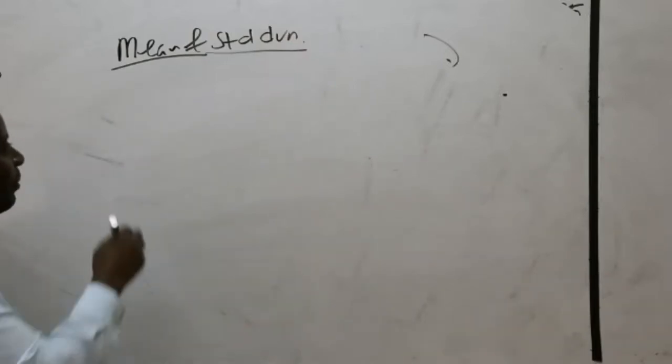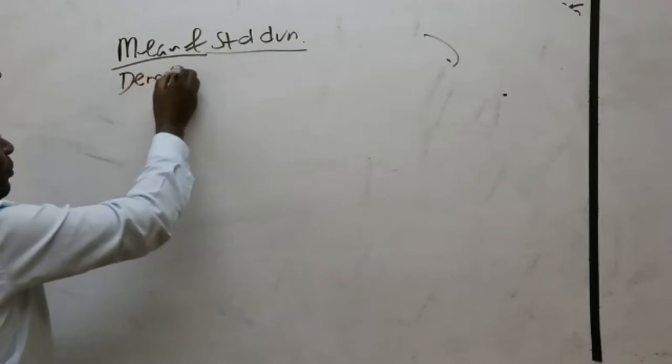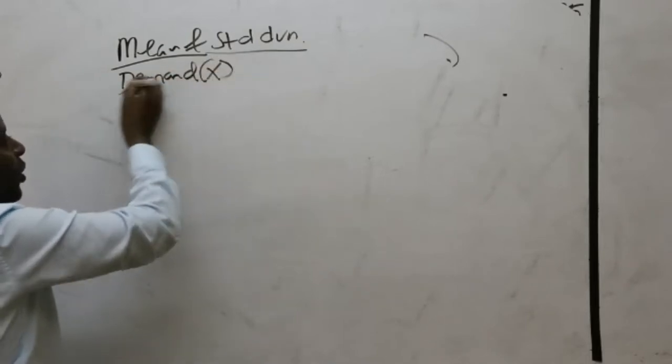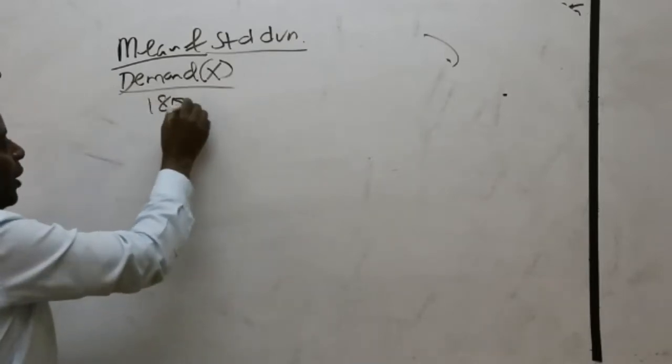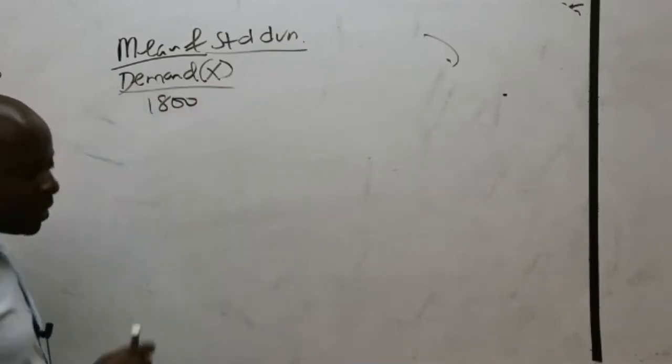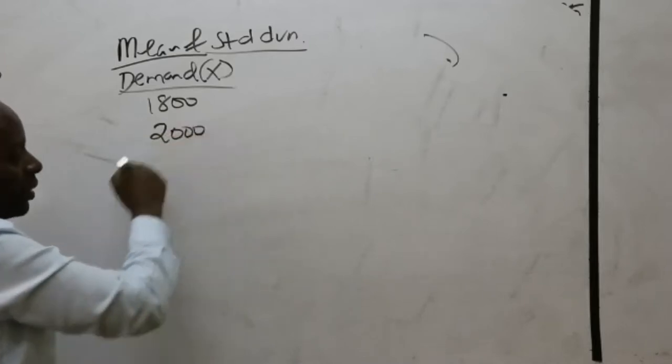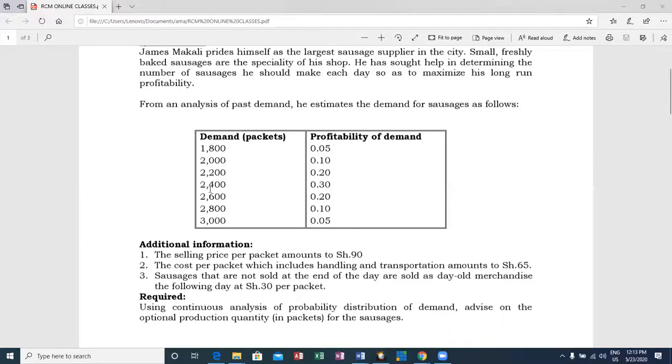So remember, we have our demand, which is the same as our X. The demand: we have 1800, then 2000, 2200, then 2400, then 2600, then 2800, and lastly 3000.